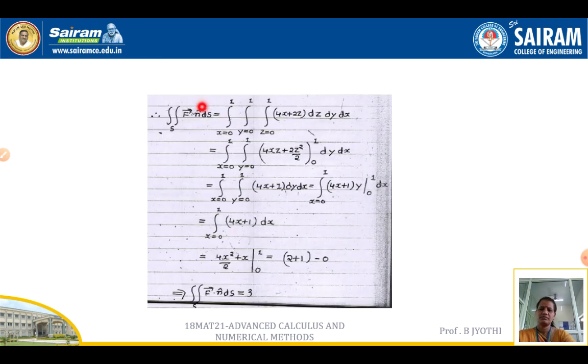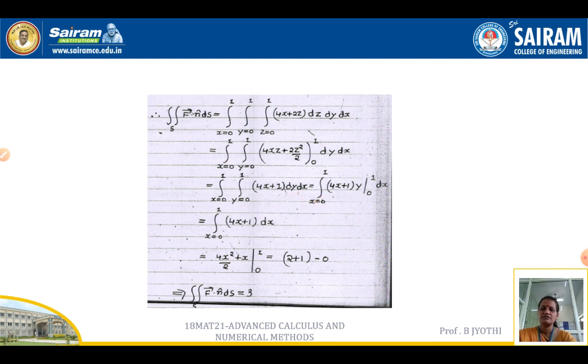So the integral of f dot n cap ds is equal to x from 0 to 1, y from 0 to 1, z from 0 to 1, of (4x plus 2z) dz dy dx. First let us integrate with respect to z. Then we get 4xz plus 2z squared by 2. On substitution of the limits 0 to 1, we get (4x plus 1) dy dx.